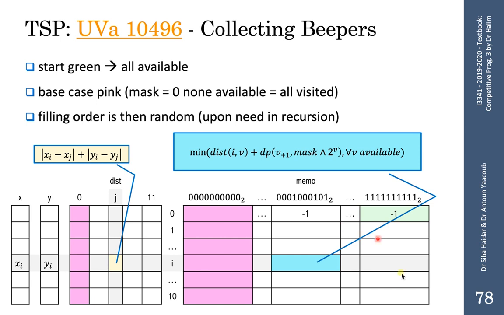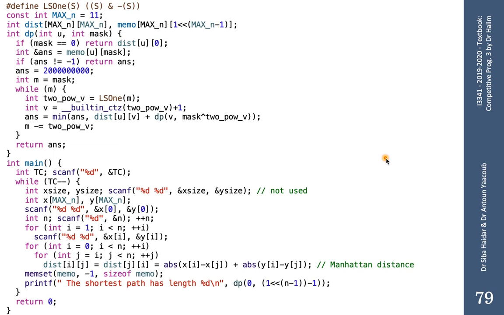So for a general case, I just copied what I explained before. It will be the minimum of the distance from i to V plus dp, or TSP, or whatever the recursive function is called, of V and the new mask, for every available V. And this is the code.